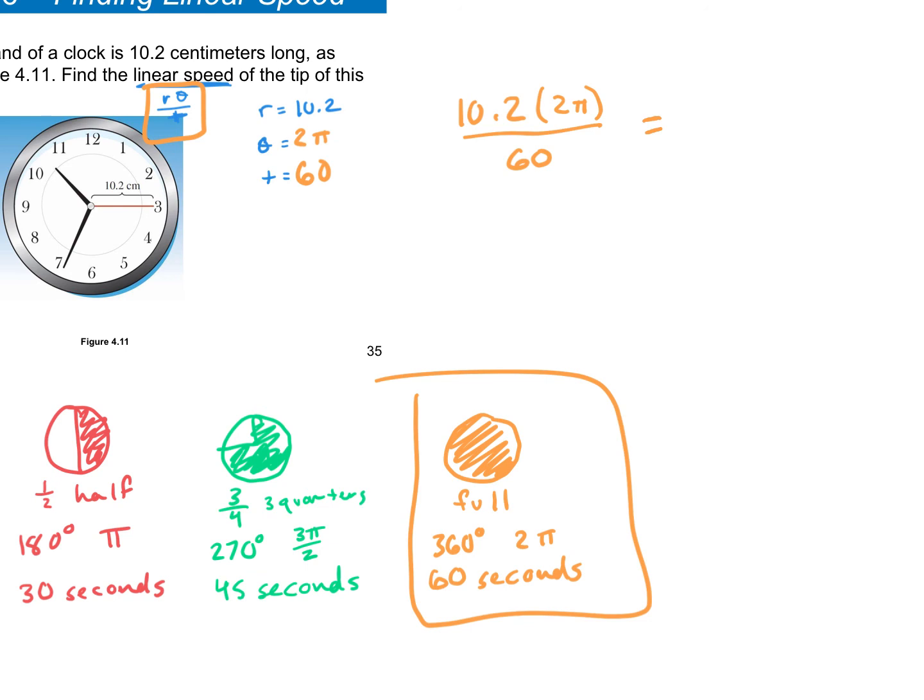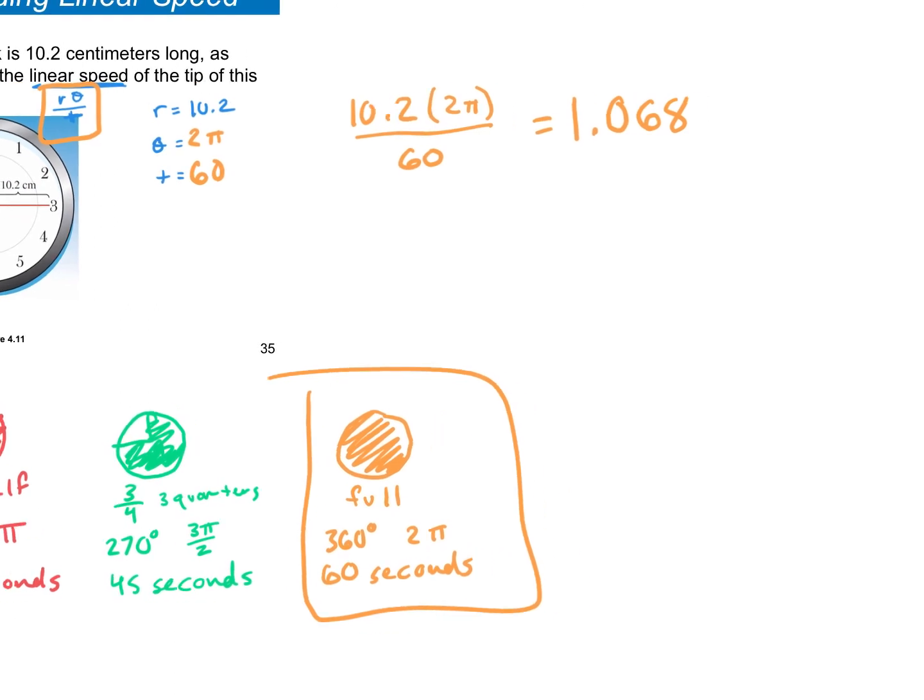So we can use the calculator for this part. You get 1.068. What would our units be? Nothing in here is in degrees, right? We have radians.